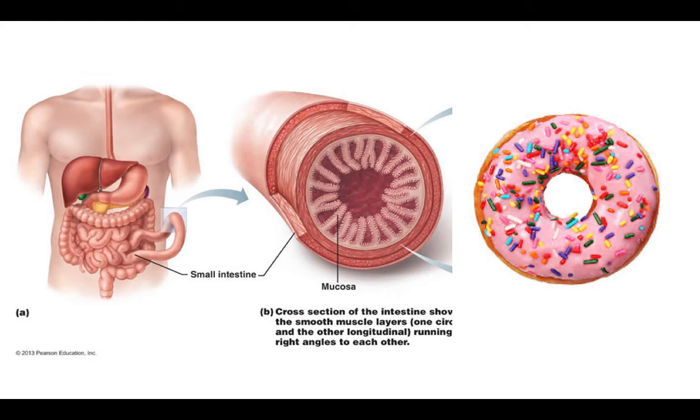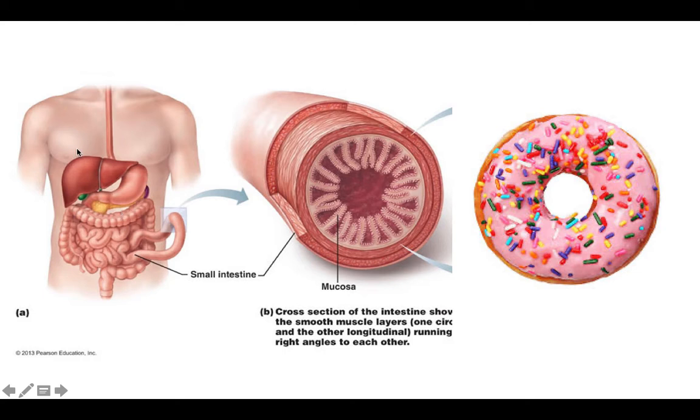The second part of your digestive anatomy is all the accessory organs. These are all of the organs that help to support digestion by secreting enzymes or mucus or other substances into the GI tract. Usually they're connected to the actual GI tract through a series of ducts. When we talk about the accessory organs, we're going to be talking about your teeth, your tongue, and the salivary glands.